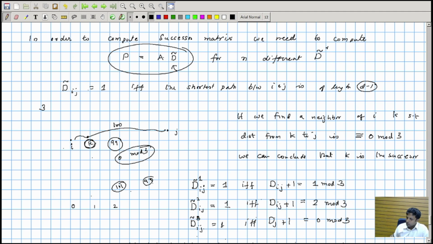Okay. So we can compute these three matrices directly from dij.